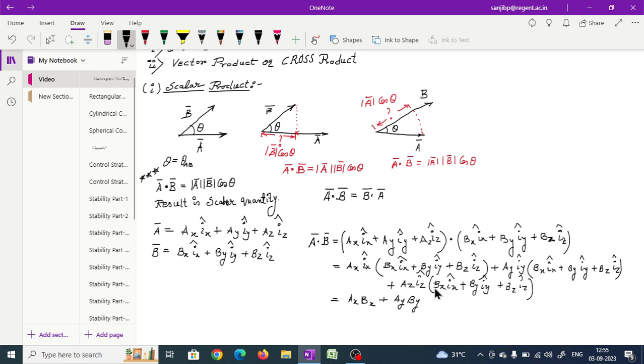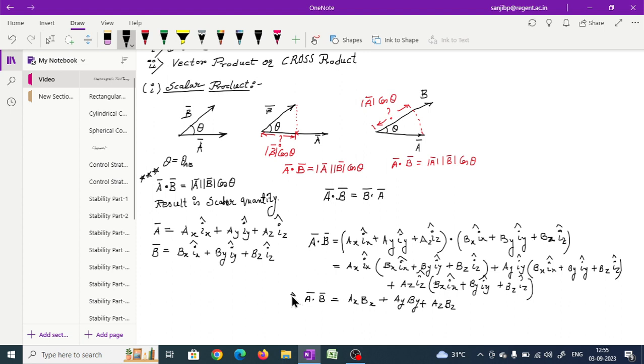There is no need to write 1. In a similar way, here you will also get az bz, and the rest of the part will be 0. So this is the another formula of a dot b vector.